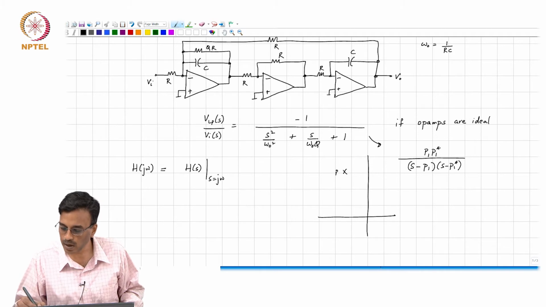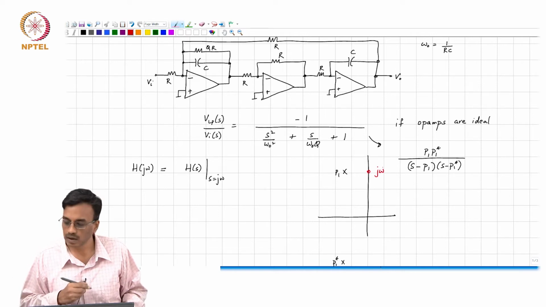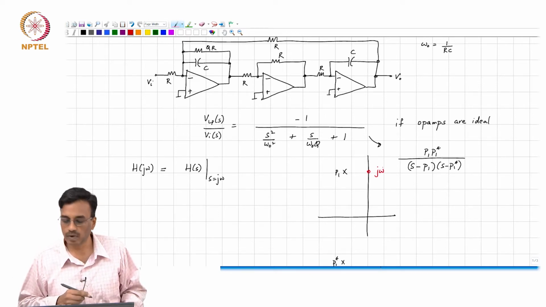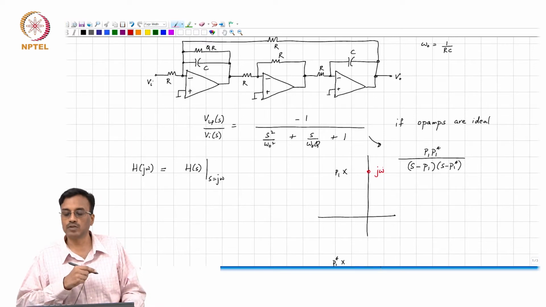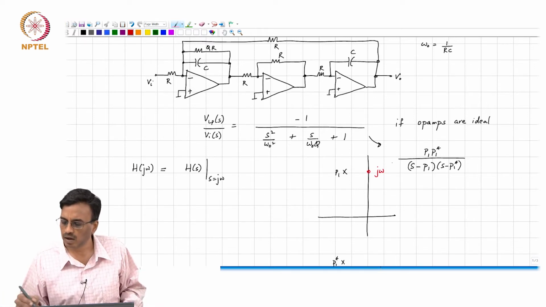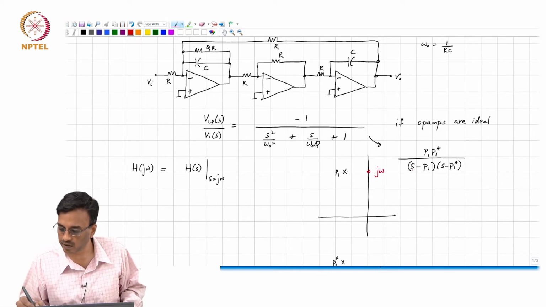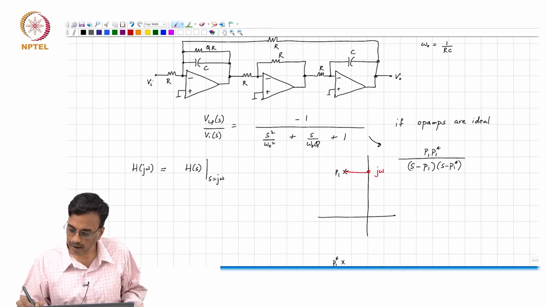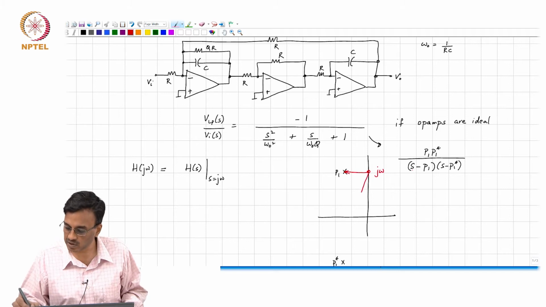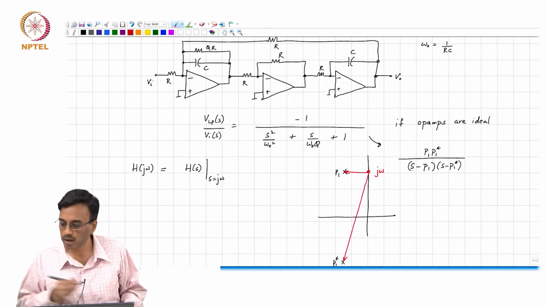So, let us say P1 star is somewhere here, and this is j omega, and to find the complex number H of j omega, you draw the vector j omega minus P1, which is this one here, and j omega minus P1 star, which is that one there.